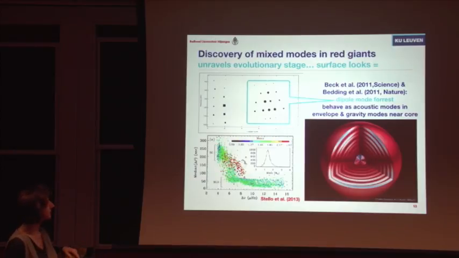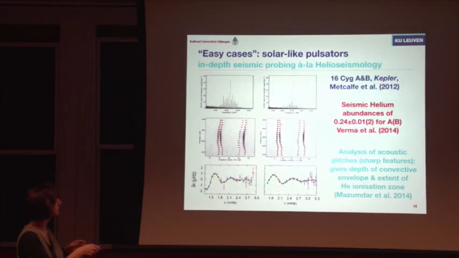And so one of the big discoveries that we were able to do from Kepler, you can see here, is again an Echelle diagram: frequency as a function of mean spacing. And here you see a ridge of modes. Here you see another one. If I go back to the previous plot, you see here 4 ridges.